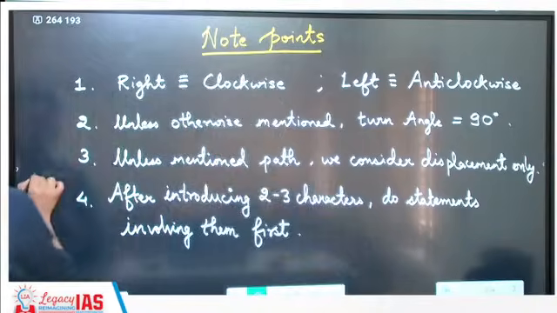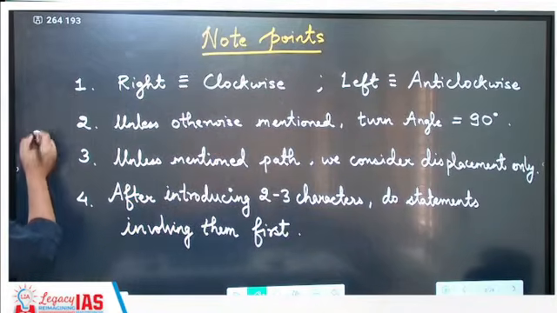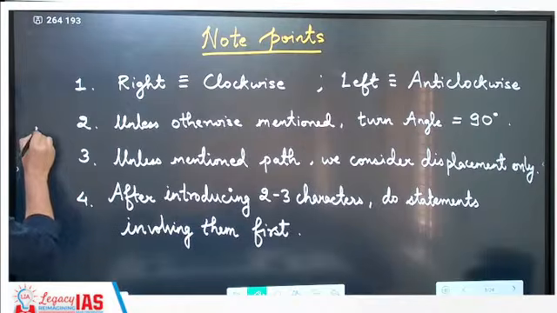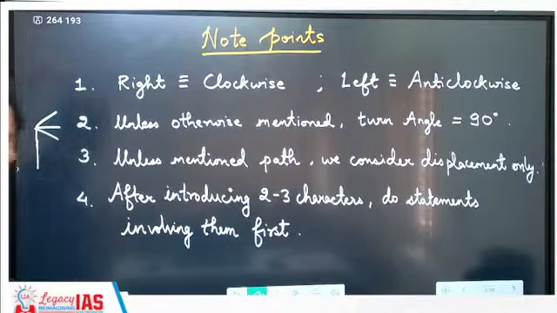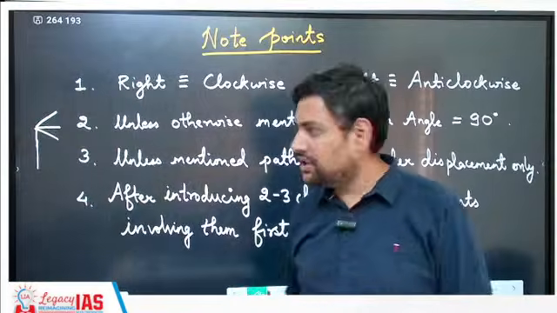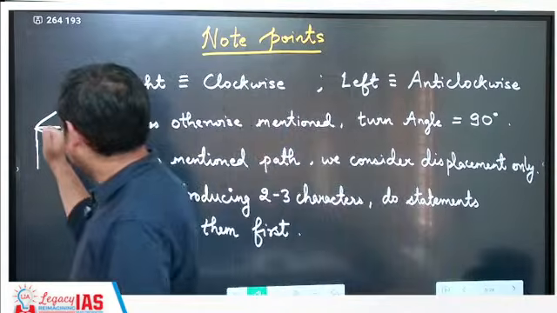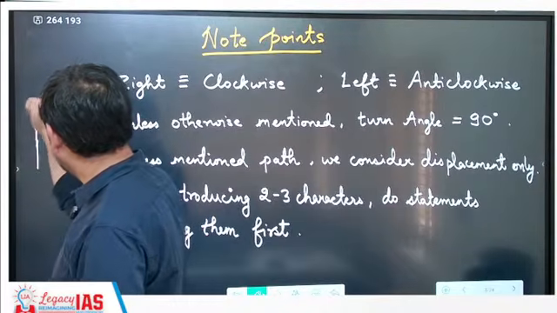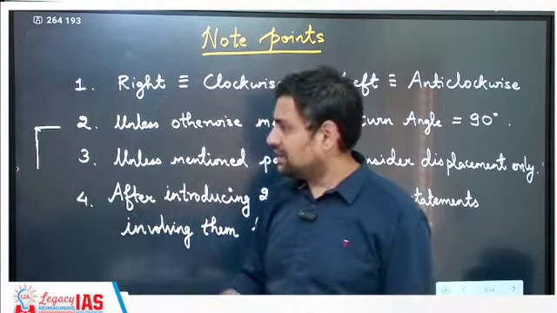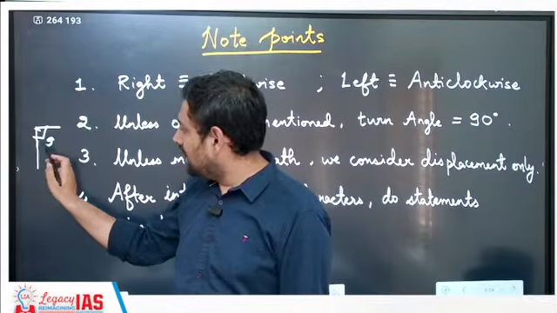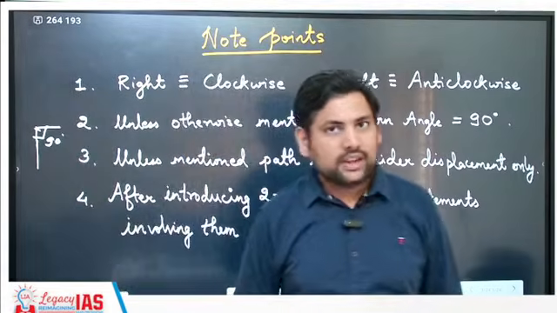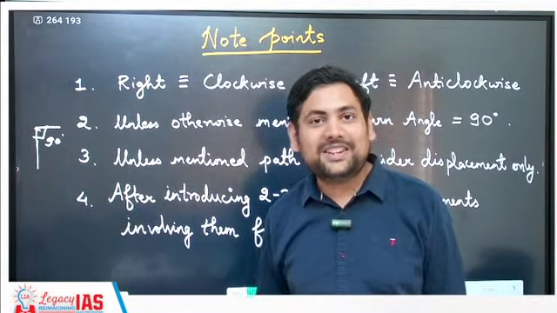If I am going like this in the north, and now turn right, this is also right, this is also right, this is also right, correct? In the normal sense all these are right directions, but unless otherwise mentioned, we don't even consider the other two. We always consider that the angle is 90 degrees. As simple as that, unless otherwise mentioned.